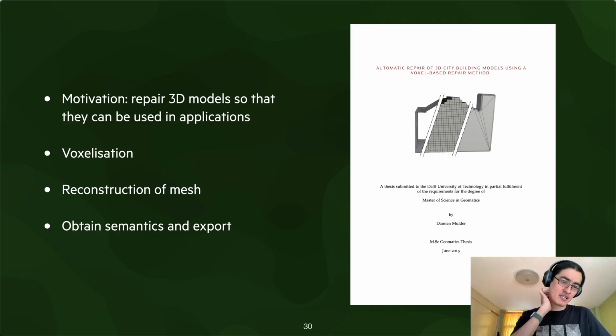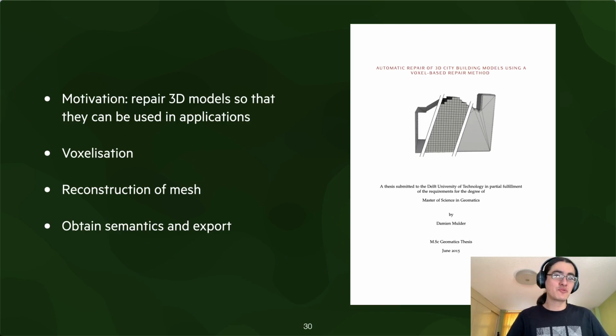Related to that, I want to talk to you next about the master thesis of Damien Mulder. He tried to do some automatic 3D repair of building models, because you have exactly these sort of issues, like missing pieces that lead to gaps or overlapping stuff.